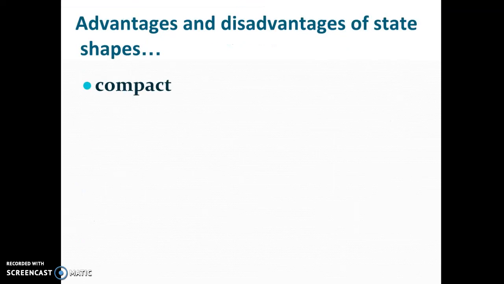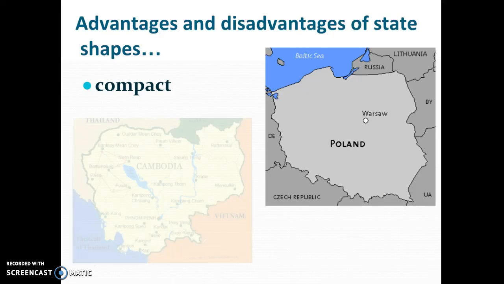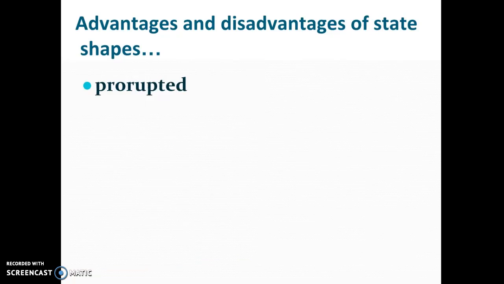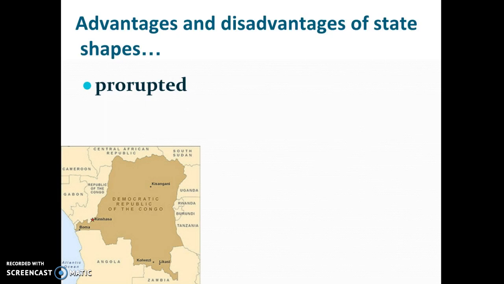When we talk about the state shapes, there are several different ones. Keep in mind, I'm not going to go over them too intensively because we did it in class, but keep in mind, it's also in your book, advantages and disadvantages of each state shape. So compact states, obviously, equidistant from the center or roughly so, great for communication, has some weaknesses though. Proruption are going to be ones that have a little arm or something that actually kind of erupts away from it.